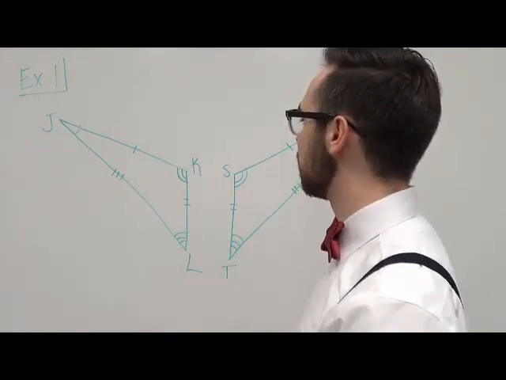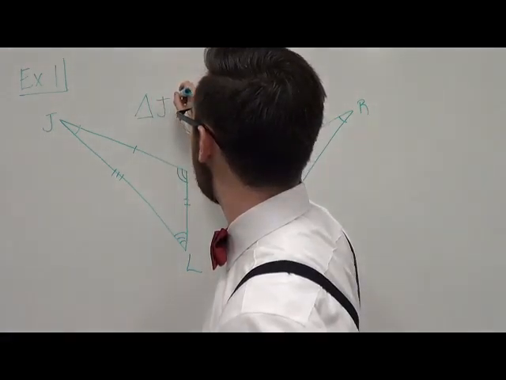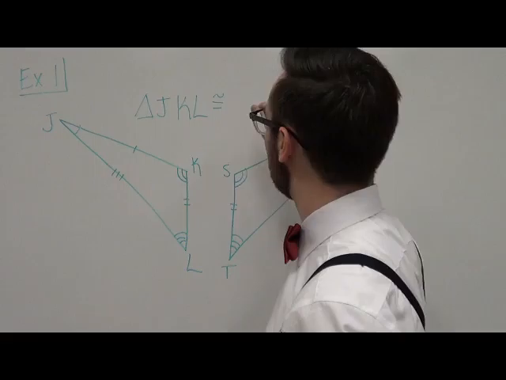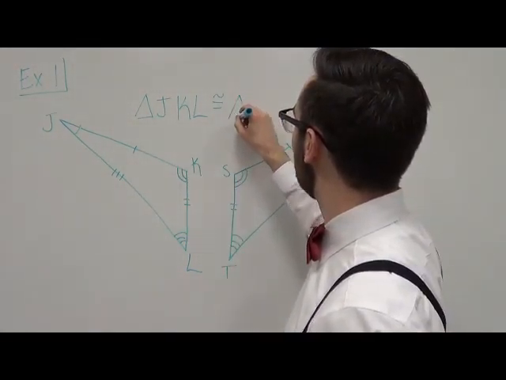So we name these by corresponding parts. So we would say triangle JKL is congruent to, and that's equals with a little tilde above it, is congruent to triangle.